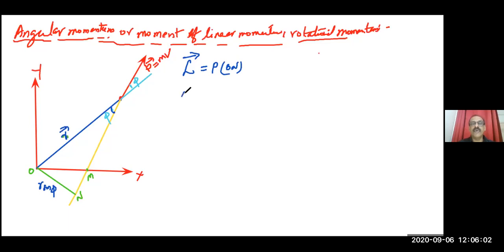In vector form, we can write L is equal to P into ON, and ON is R sine phi. It's a cross product. So we can write here L is equal to R cross P. Torque is equal to R cross F. This is R cross P.